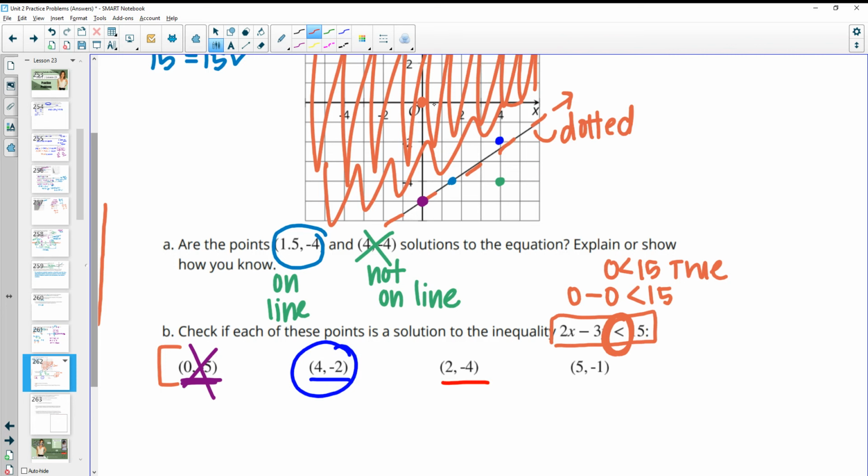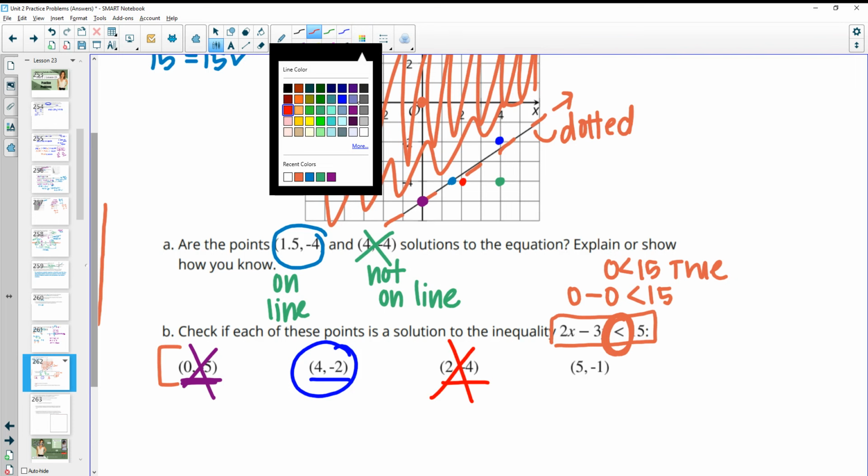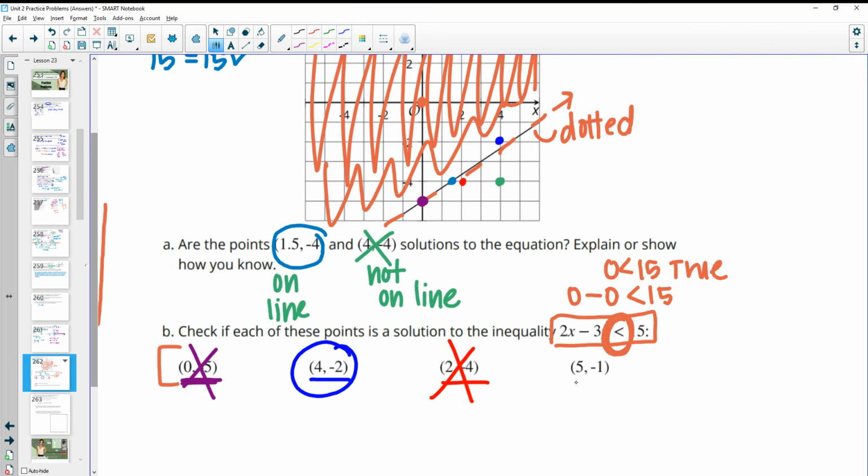2, negative 4. So 2 in the X, 1, 2, 3, 4 in the Y is below the shaded region. So that is not a solution. And then 5, negative 1. So going over to 5 in the X, negative 1 in the Y is in that shaded region.